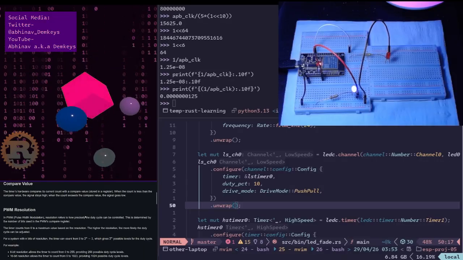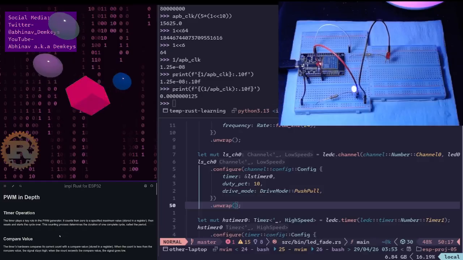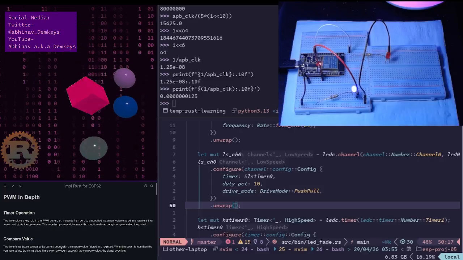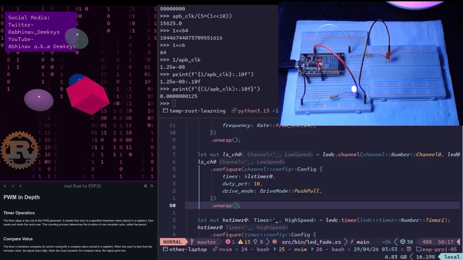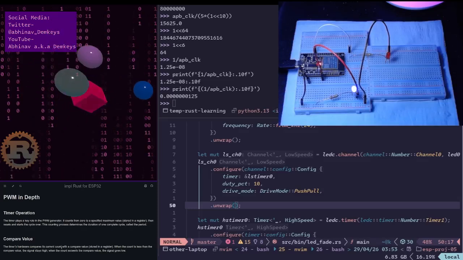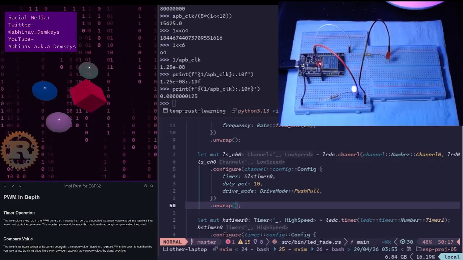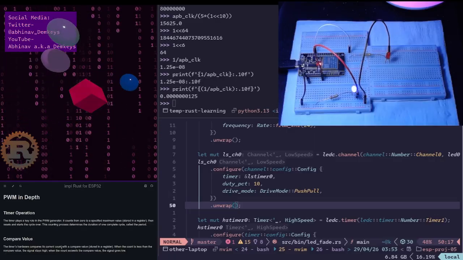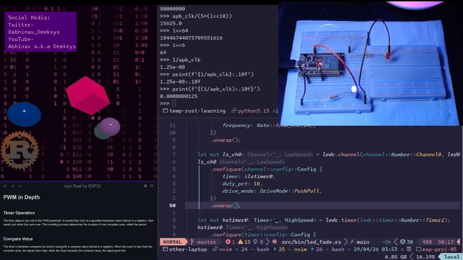It was somewhere in here. Let me read out this whole thing. So, timer operation. The timer plays a key role in the PWM generator. It counts from 0 to the specified maximum value stored in the register and then resets the cycle over. This counting process determines the duration of one complete cycle called the period.